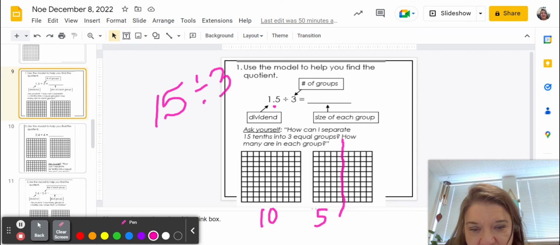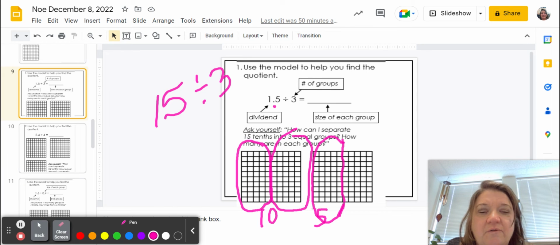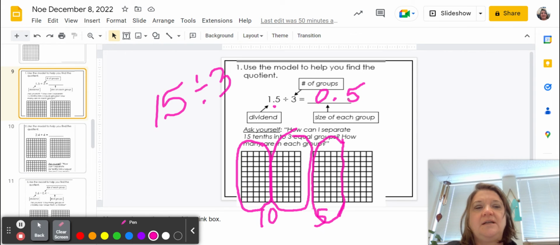If I divide into 3 equal groups, I'm going to have 5/10 in each group. Isn't that true? I've got 3 groups of 5/10. So 1.5, or 15/10, divided into 3 equal groups, I'm going to have 5/10 in each group.